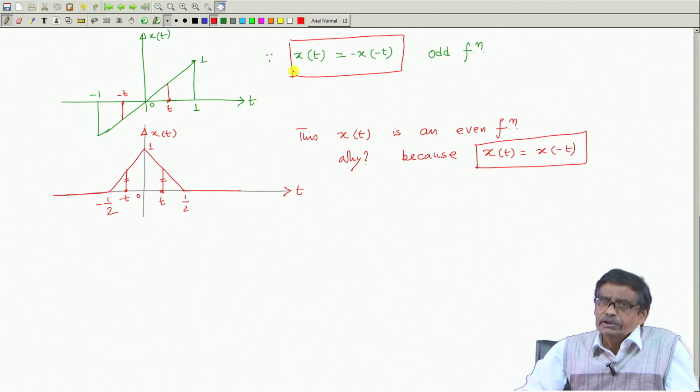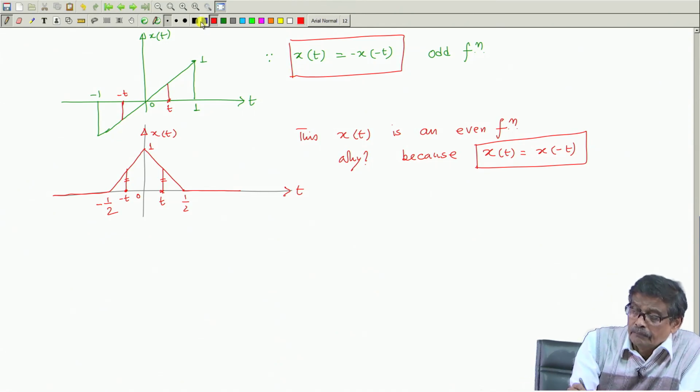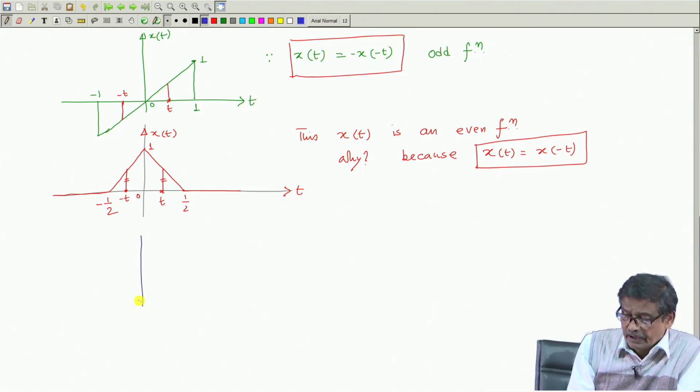Okay. Now, in general, functions may not be either odd or even. For example, a function, I sketch it like this.